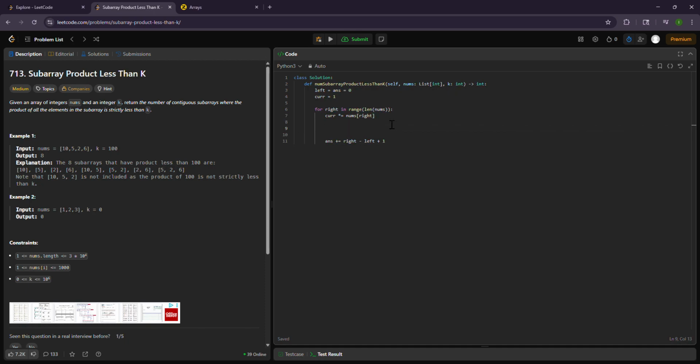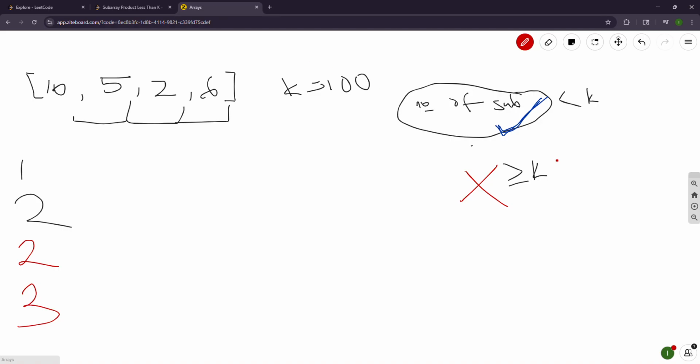But if it is invalid, we have to make it valid. So while it is invalid, what makes it invalid? We know that we want it to be strictly less than k. So if it is equal to k or greater than k, it becomes invalid.